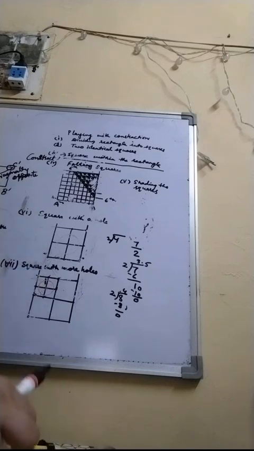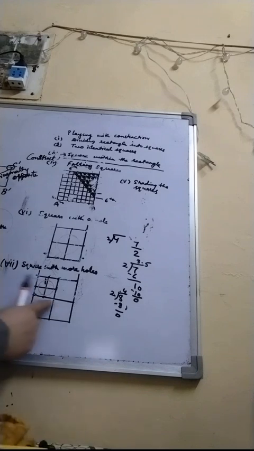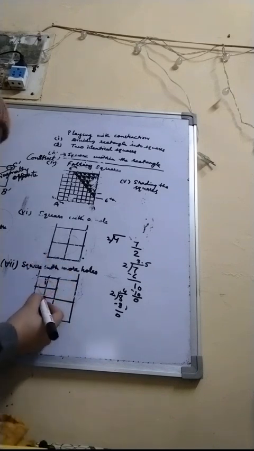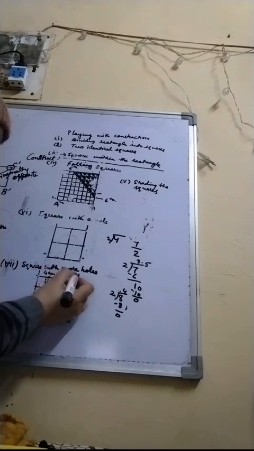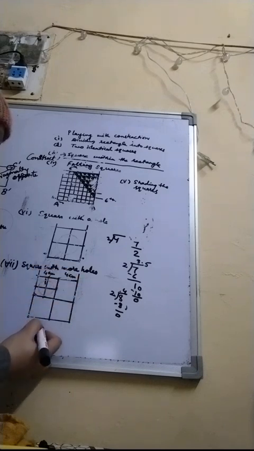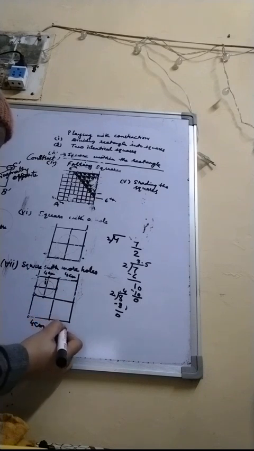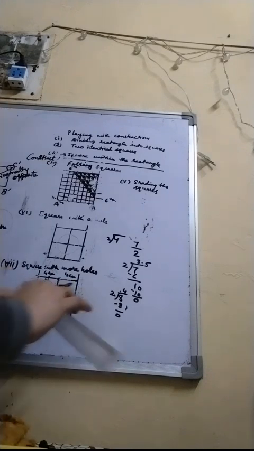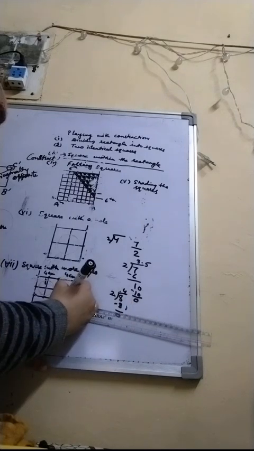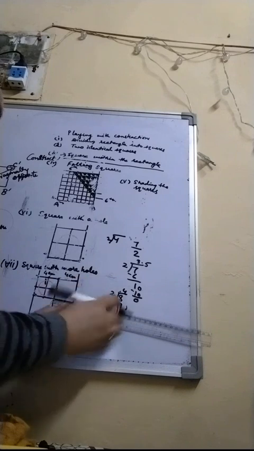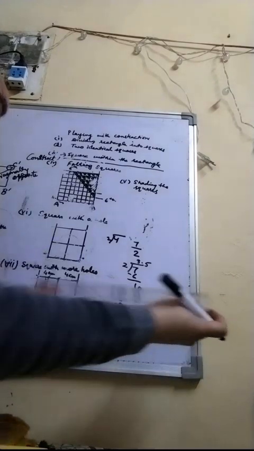How to get the second hole? Again, each square has a side. How much was its side? 4 centimeter. This one is also 4 centimeter, this square is also 4 centimeter and this square also 4 centimeter. So what we would do? We would put dots at 2 centimeter.